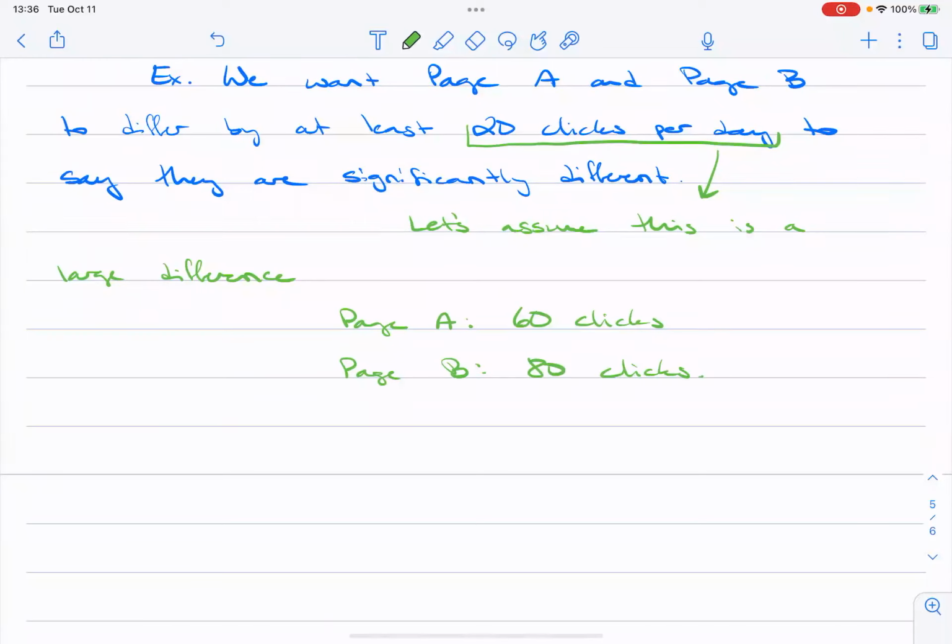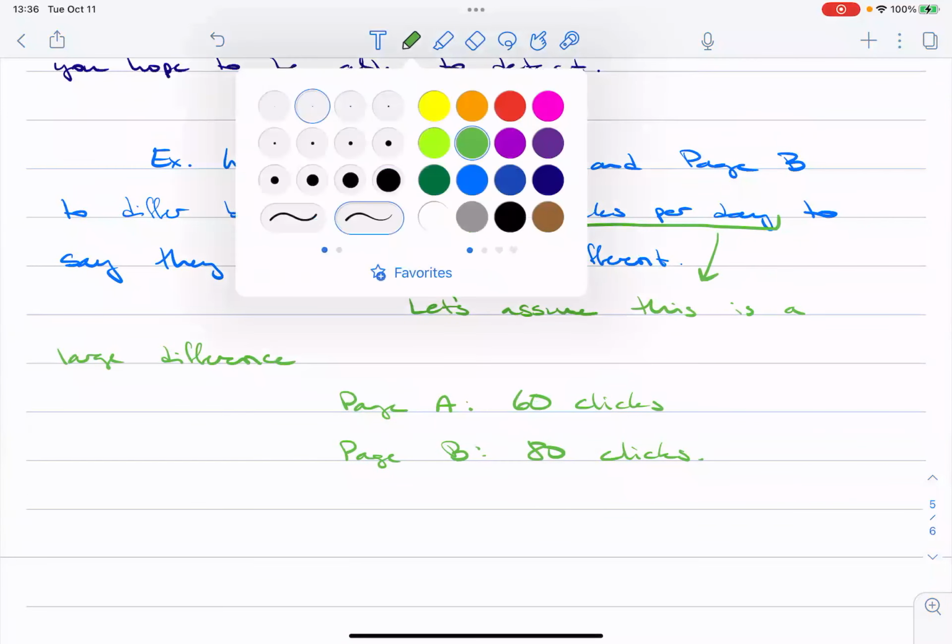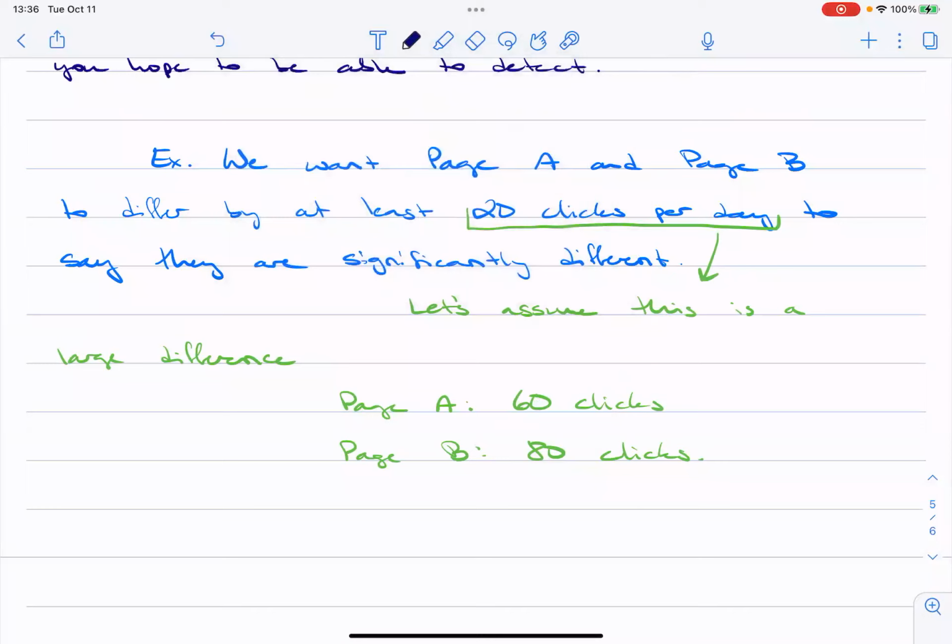The difference between these is 20. But this is going to feed into the sample size. If I'm comparing 60 and 80, I'll be able to pick up on that. But if the effect size is small, then we're going to need to increase our sample sizes. If I want to say there's a significant difference between a close number of clicks, then I need to increase my sample size.